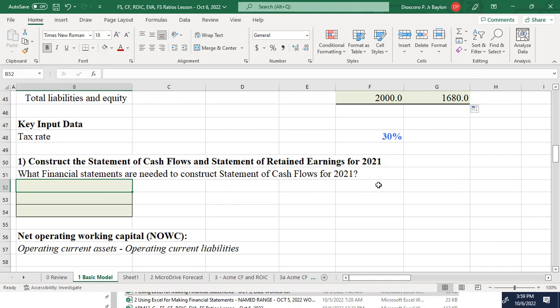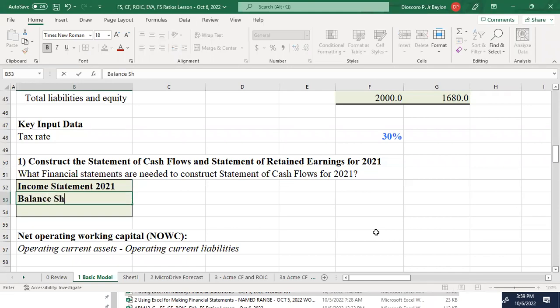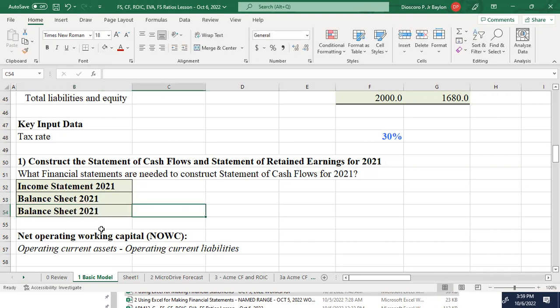If you want to construct the statement of cash flows for 2021, you need these things. Number one, you need the income statement for 2021. Okay. And then you need the balance sheet for 2021, and then also the balance sheet for 2020.